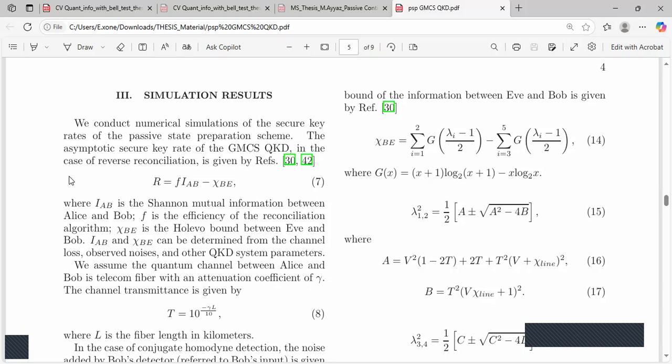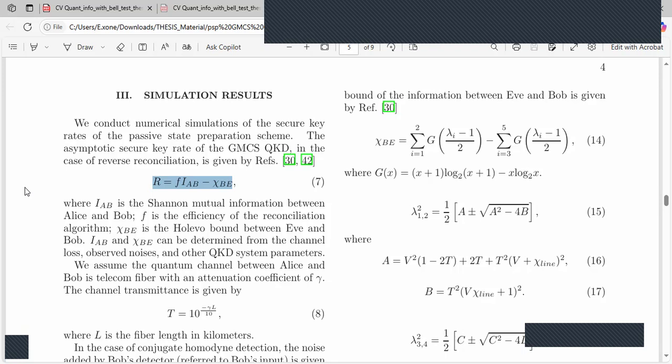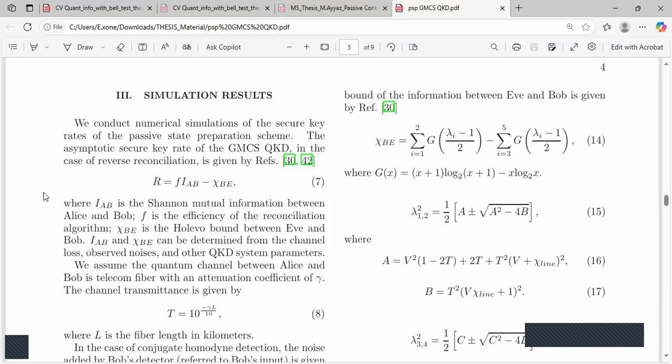But for simplicity, we can assume that Eve is employing a collective attack, and after some finite key analysis, using tools like the entropy accumulation theorem or the Gaussian de Finetti theorem, we can raise the overall analysis to the general attack. So here we still assume that Eve is employing a collective attack, and it gives us the lower bound on the secret key rate.